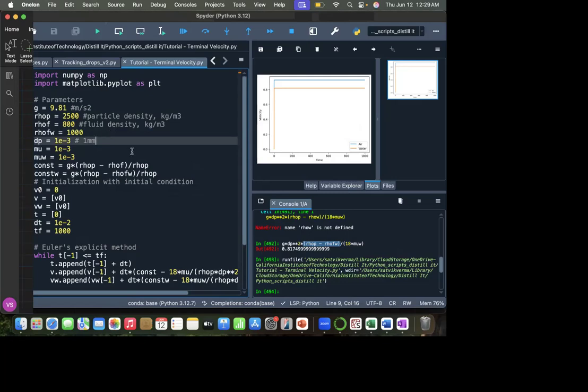And based on the terminal velocity and the time it requires to achieve that terminal velocity, leads to the fluid selection, the design of the sedimentation tank, how deep it needs to be, what should be the flow rate, and all of that is decided based on the calculations for terminal settling. So this is a very important concept that you must have come across in chemical engineering. That's why I really want to cover this particular tutorial.